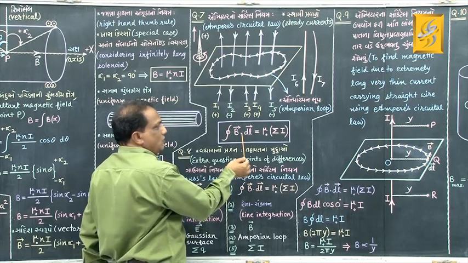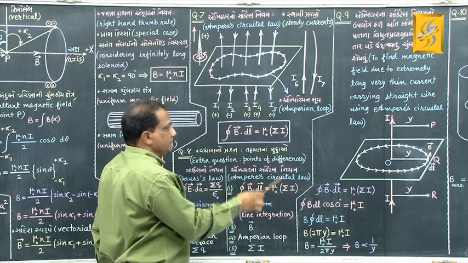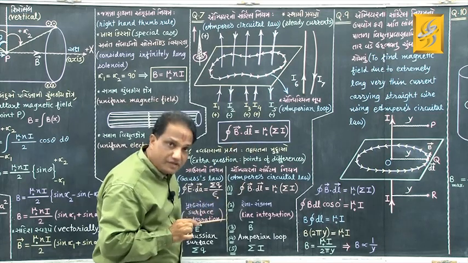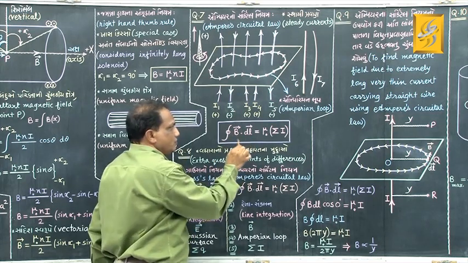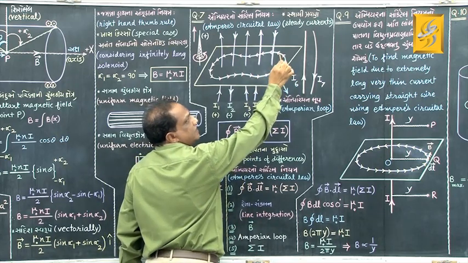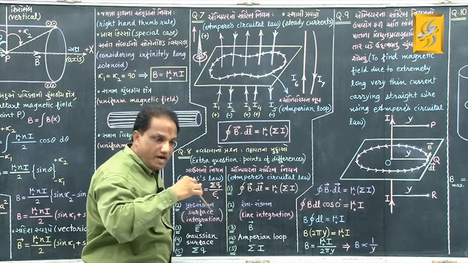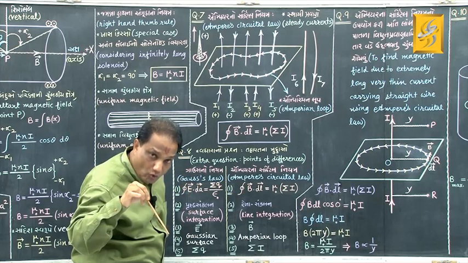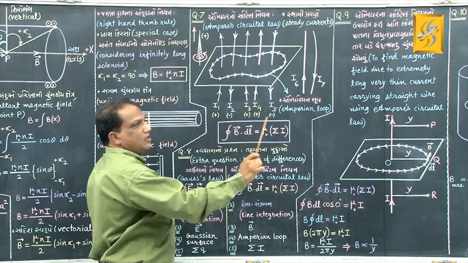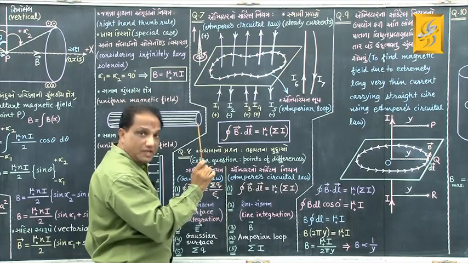And then you should take the dot product between the magnetic field existing in a given length element and the corresponding length element vector, and such dot products you must find out for each length element, and then you should take their addition over the entire Amperian loop. Because that Amperian loop is a closed loop, we put here the closed integration symbol, correct?